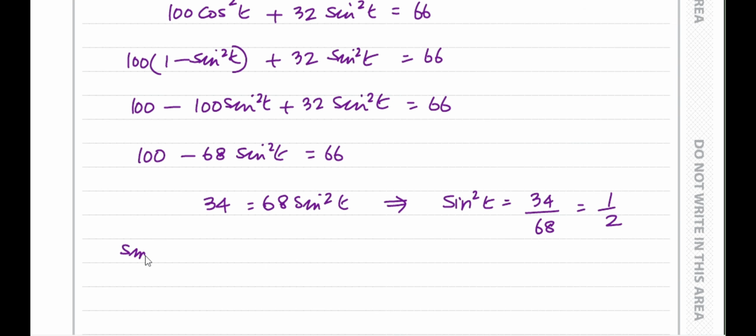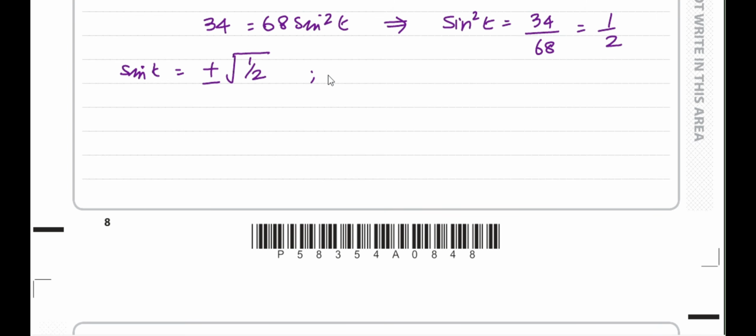Hence, sin t should be equal to plus or minus square root of 1 over 2. Therefore, sin t equals 1 over root 2 or minus 1 over root 2.